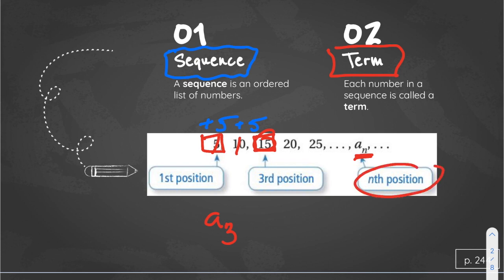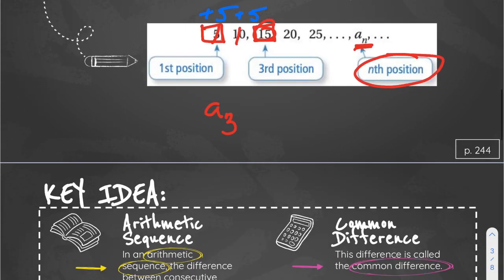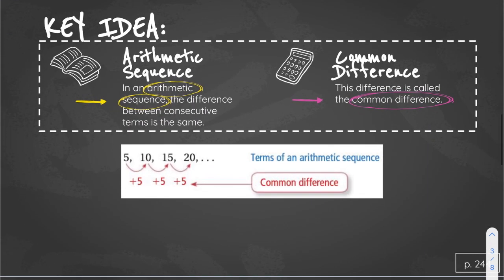When they say a sub n, they just mean some term in the sequence. It's just like the nth position, nothing too specific. So here, the key idea, and built into that key idea, there are two more terms. One term that hopefully you could have guessed, arithmetic sequence.